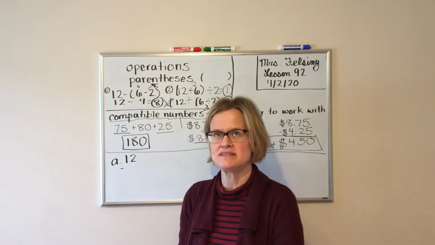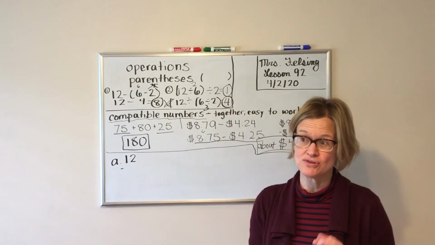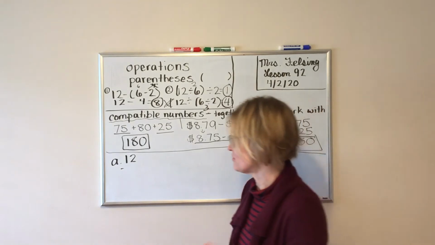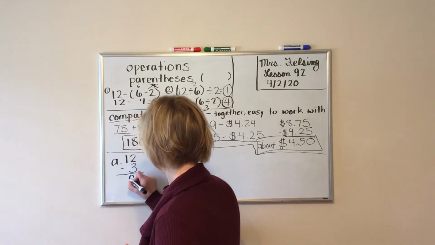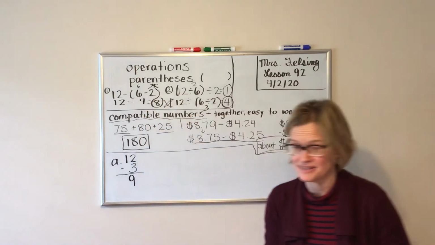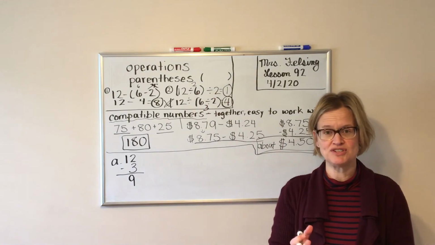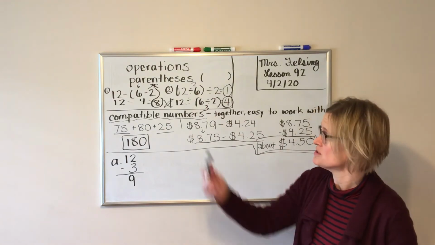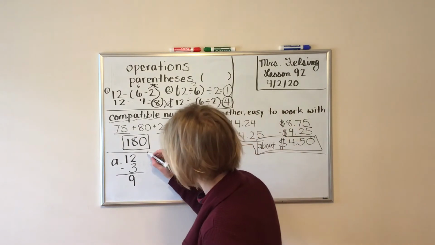So what is 6 divided by 2? 6 divided by 2 would be 3. So I write my 3 down. My answer would be 9. Remember, operations, multiple procedures. Which procedure do you do first? Wherever the parentheses are.